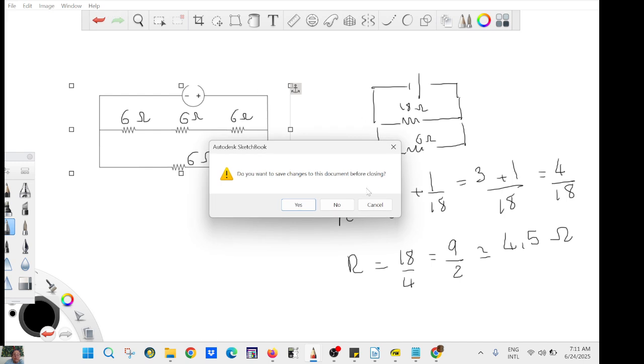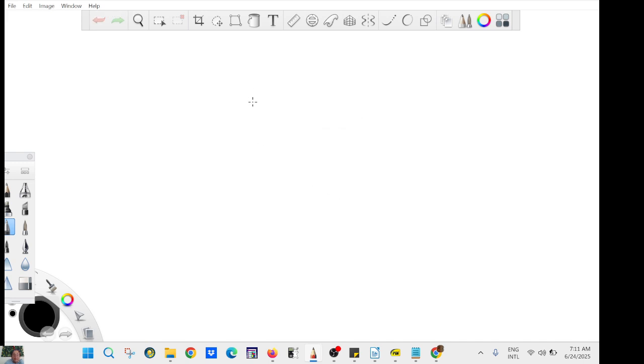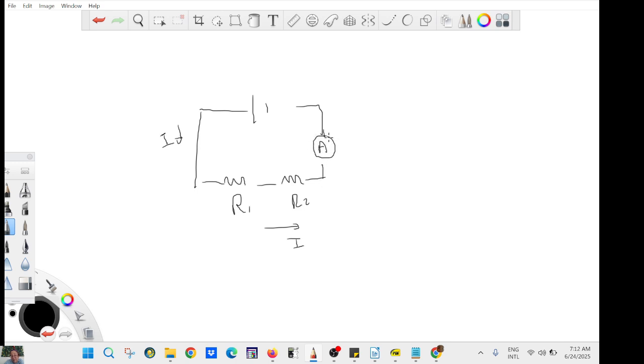So for example, here you have a voltage, and maybe you have a load with a resistance R1 and then another load R2. If you want to measure the current in the circuit here, so this is the current, then you have to place your ammeter as part of the circuit.